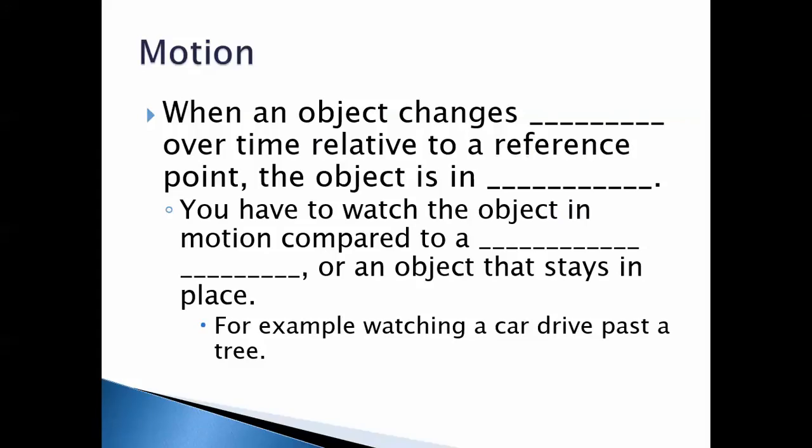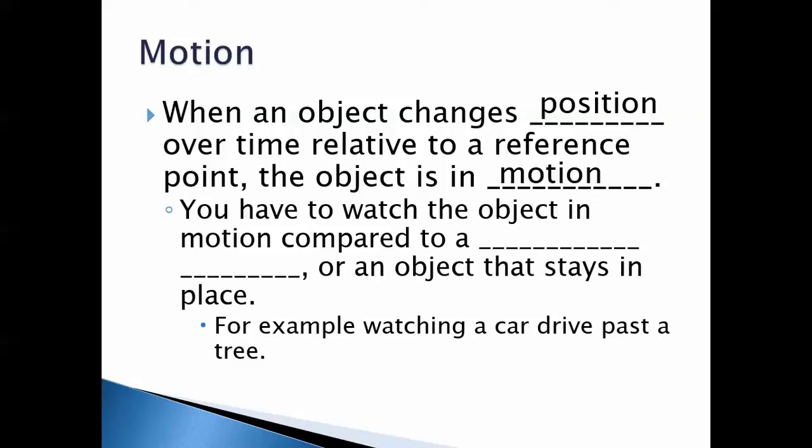So you guys are going to be entering into a new unit, on force and motion. So let's talk a little bit about what motion is. When an object changes position over time relative to a reference point, we say that the object is in motion. So that means that a moving object is an object that has changed its position over time relative to a reference point.